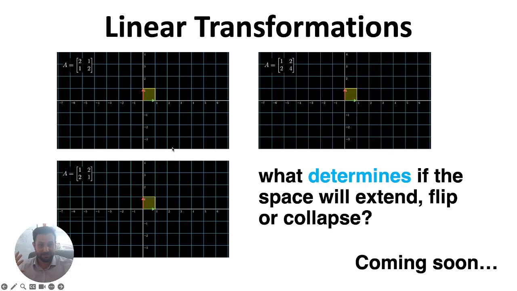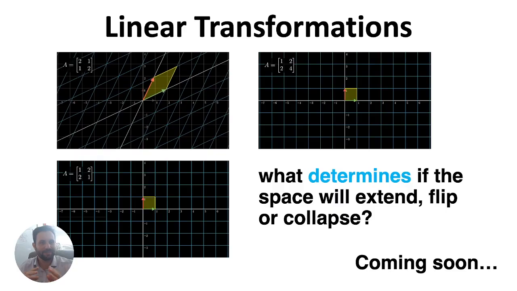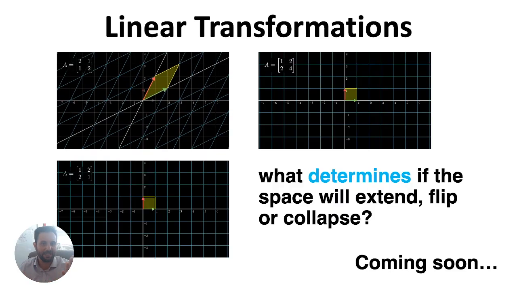Lastly, we discussed that each and every one of these matrices transforms the space, warps the space in a way. The one on the top took this unit square and made a parallelogram from it. The whole space changed.